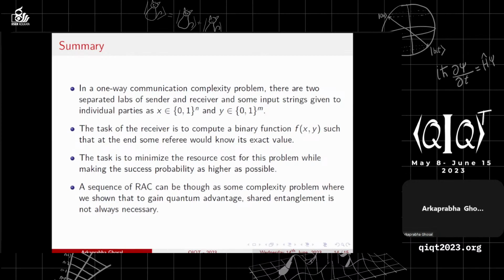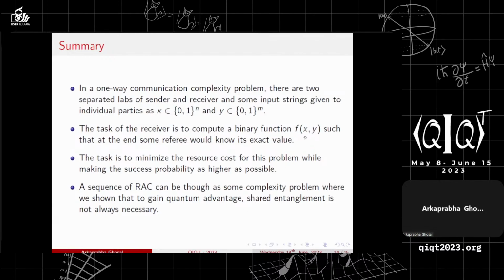Now, Alice will perform some measurement, and they may use some additional shared entanglement. Depending on Alice's measurement and communication, Bob will perform some operation, and finally Bob will compute some binary function. There are many ways to calculate a binary function. Now, if there is a referee, the referee knows the value of that particular binary function for a given x and a given y.